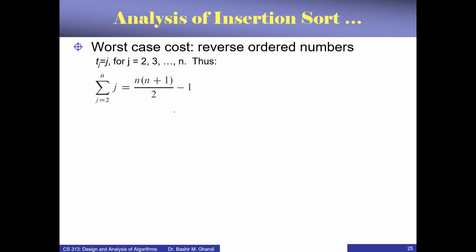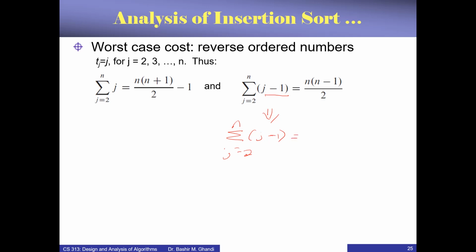Okay, so this is for one of the summations. What about the other summation of j minus 1? So again, this is easy. It's simply going to be n times n minus 1 over 2. So let us understand why this is the case. Again, summation for j equal to 2 to n of j minus 1. What does it actually mean?